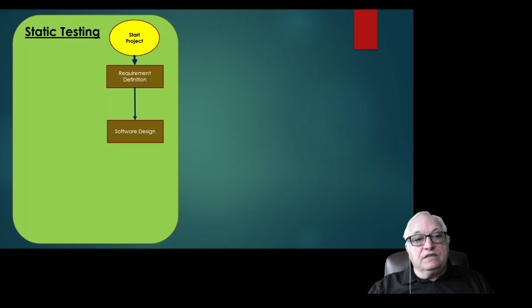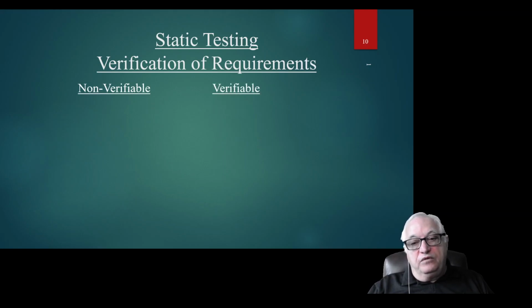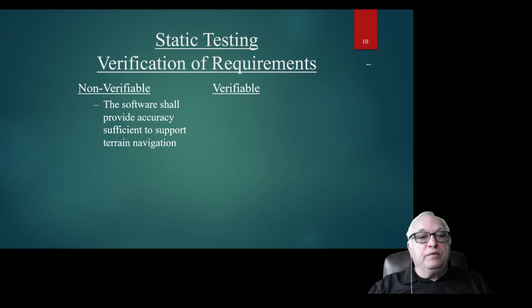So let's go through some examples. Static testing verification requirements. I have non-verifiable requirements, and next I'm going to put an example of how they become verifiable. The software shall provide accuracy sufficient to support terrain navigation. When somebody wrote the requirements, maybe they did not have that information, and they put that as a placeholder.